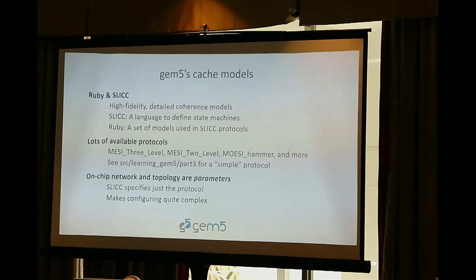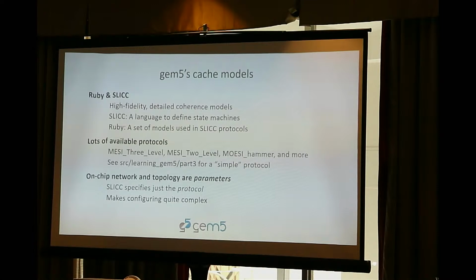A 3-level protocol, 2-level protocol, all sorts of different protocols, GPU protocols, region coherence protocols, all sorts of things. If you want to learn how to create your own protocol, check out Learning gem5 Part 3, which is on the website.